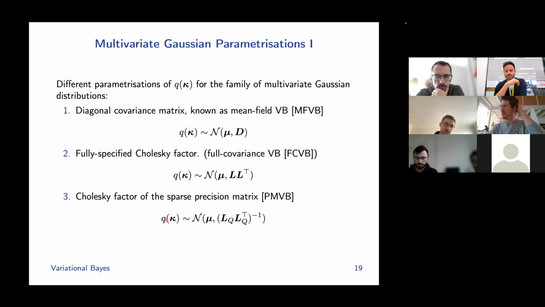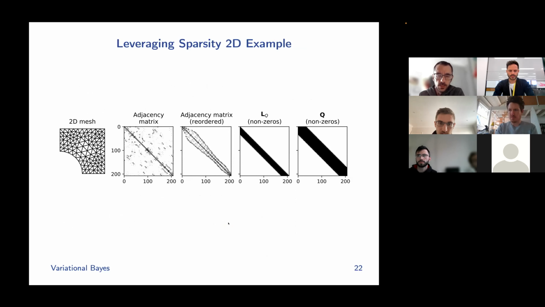So we restrict the space of approximating distributions to multivariate normal, and this is the Cholesky. Here we specified the multivariate normal through the precision matrix. So LQ is the Cholesky factor of the precision matrix. All right. So basically, you need the adjacency matrix to get the Cholesky factor then.